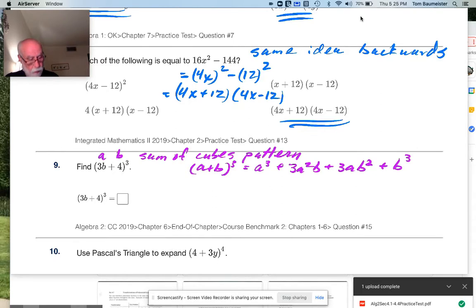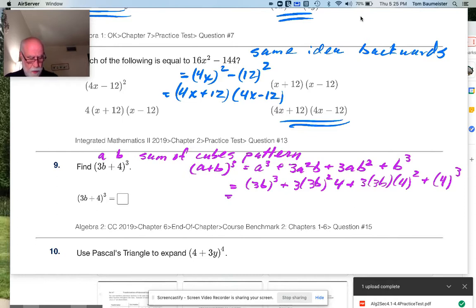So again, if I'm going to follow this pattern, I'm going to write (3b) cubed plus 3 times (3b) squared times 4 plus 3 times 3b times 4 squared plus 4 cubed.